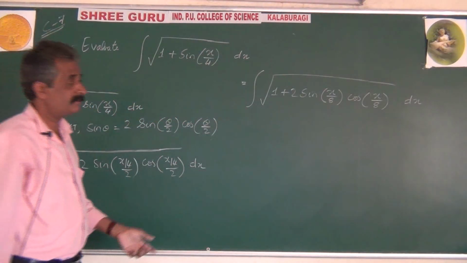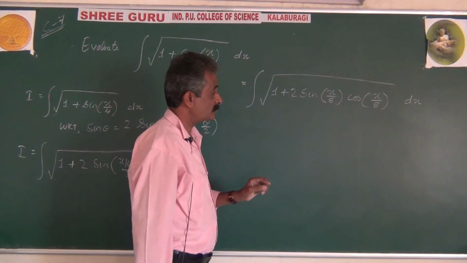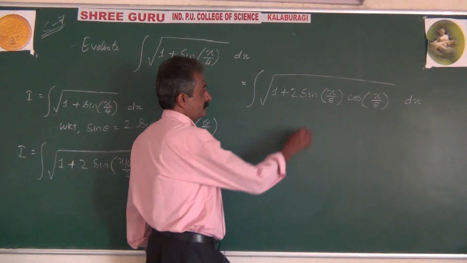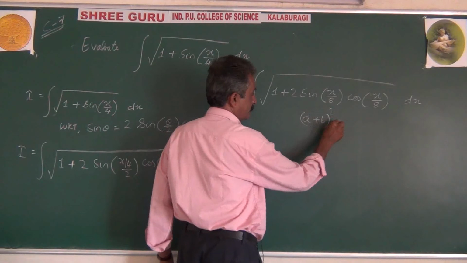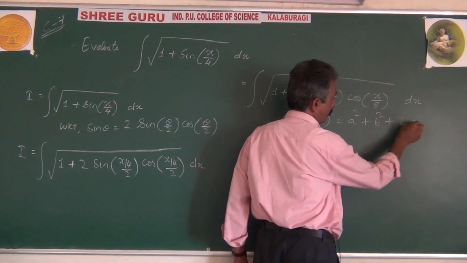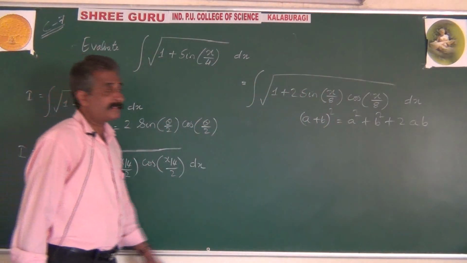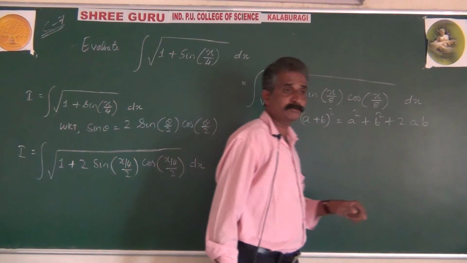So I want to use a plus b whole square, that is a square plus b square plus 2ab. At present we have 2ab, but we don't have a square plus b square.